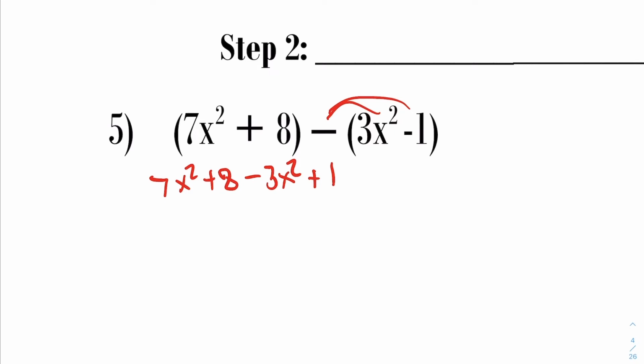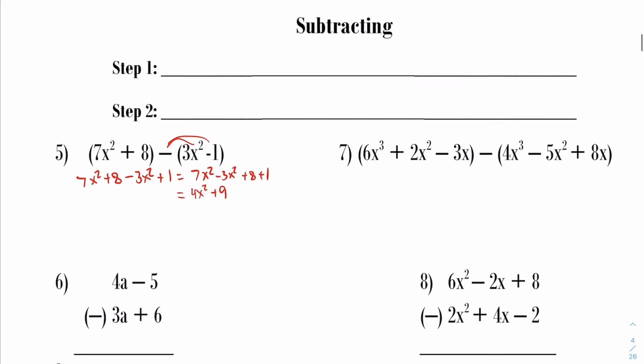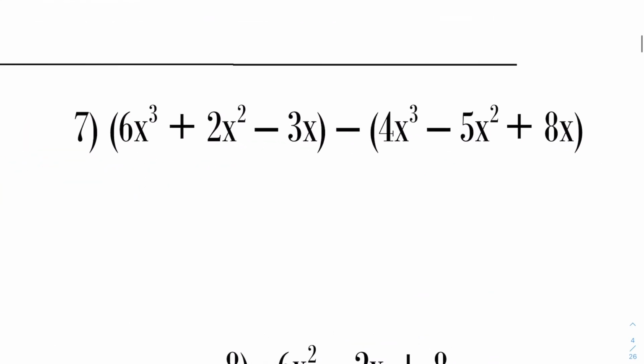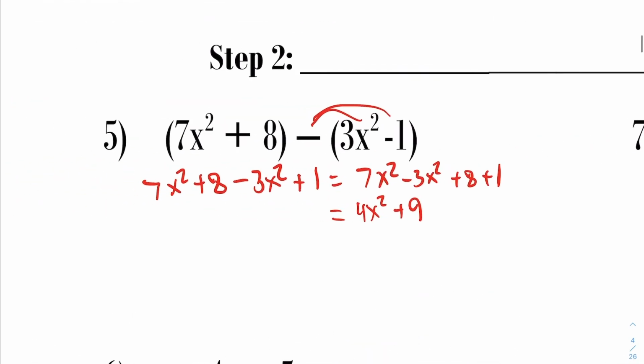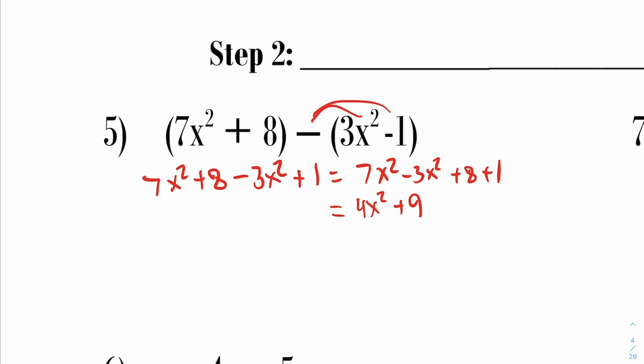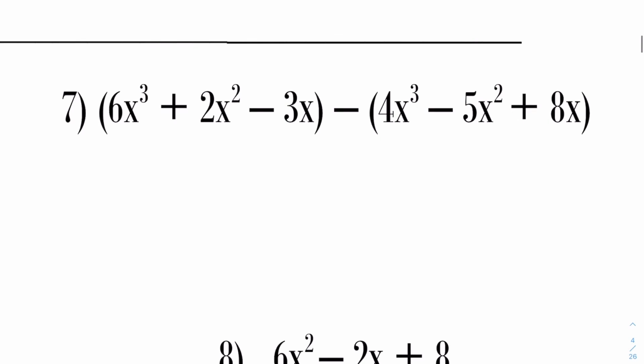Now we can rewrite the terms by grouping the x's together. 7x squared minus 3x squared plus 8 plus 1, and then simplify by combining the like terms. That's the first example. Let's do another horizontal one, and then we will do it vertically.